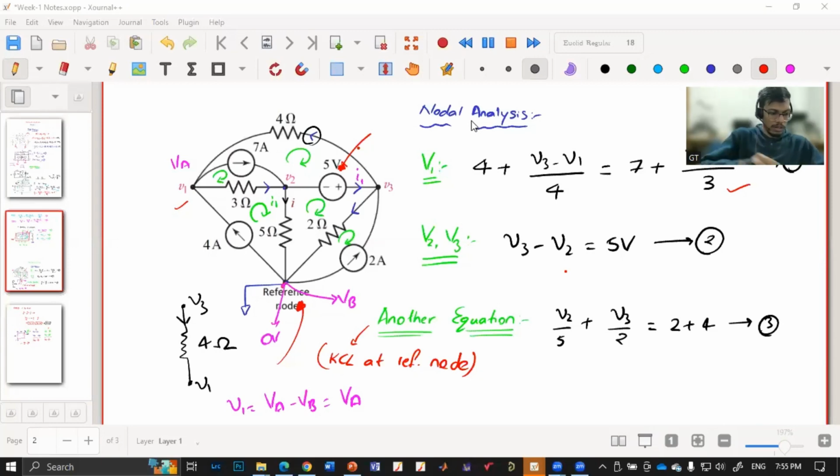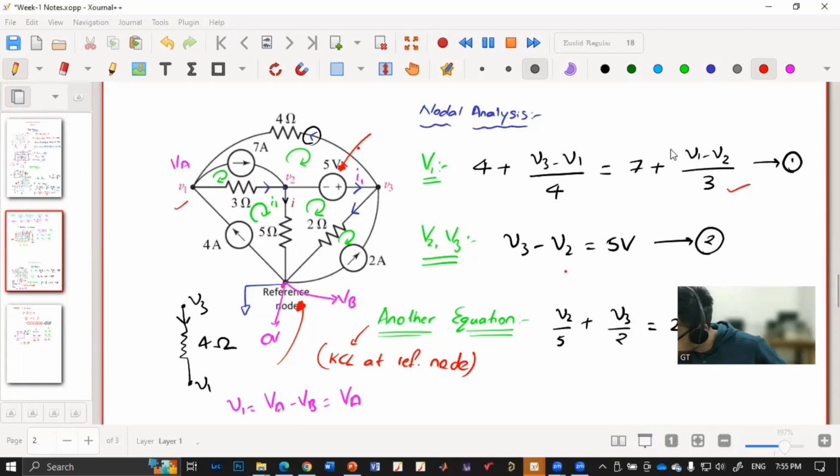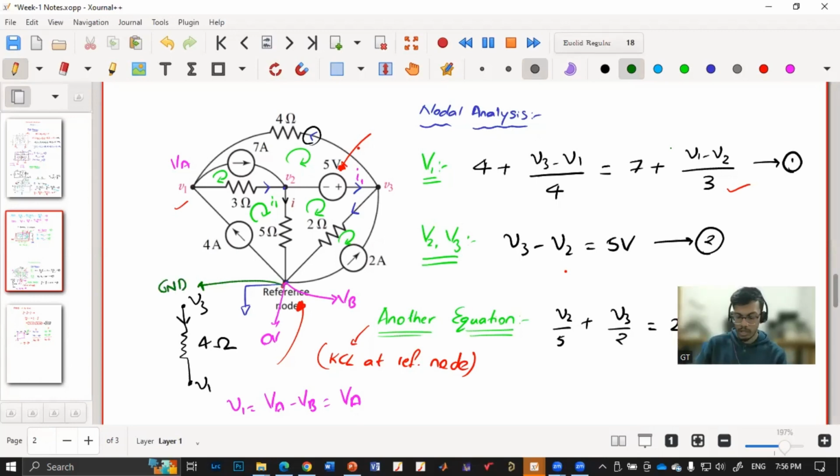If you are considering this to be ground, and even if you consider this in your simulation tool, then V3, V2, V1 will be the same irrespective of the current directions that you have assumed, and your simulation tool should also show the same values. And the direction of the current, say I have assumed this in this direction.